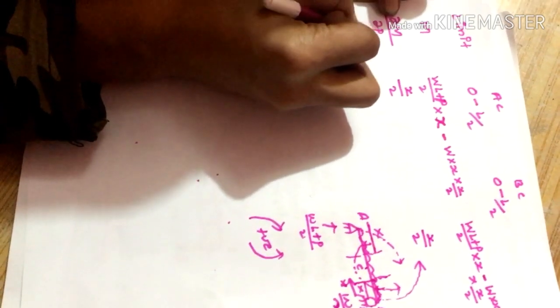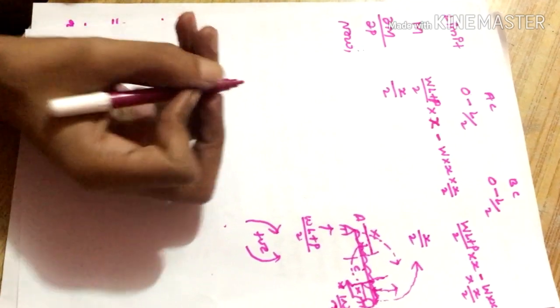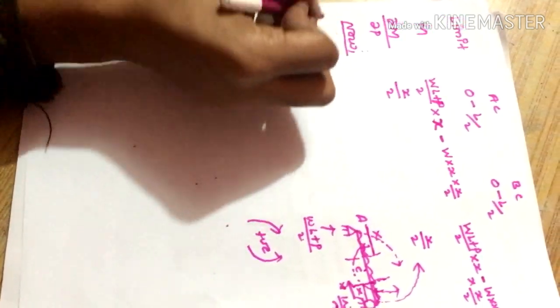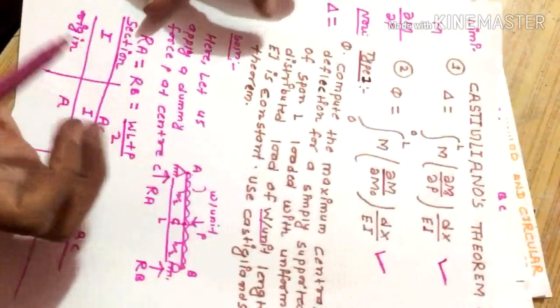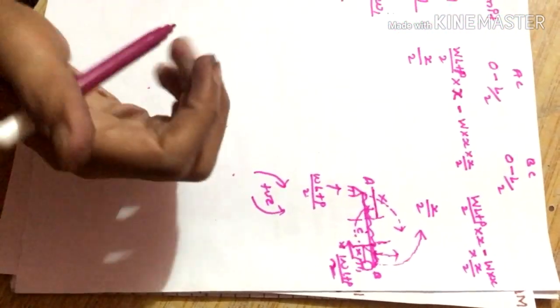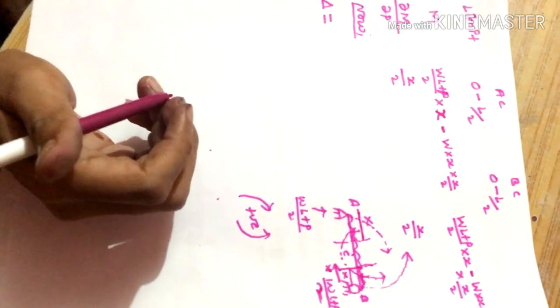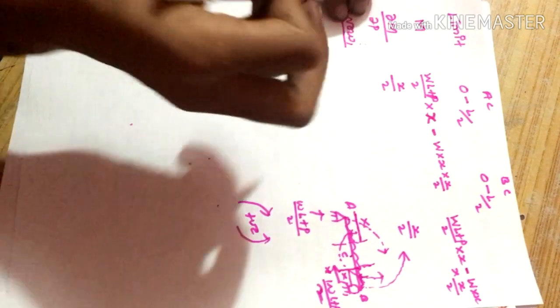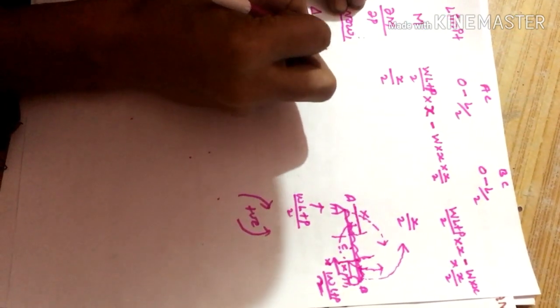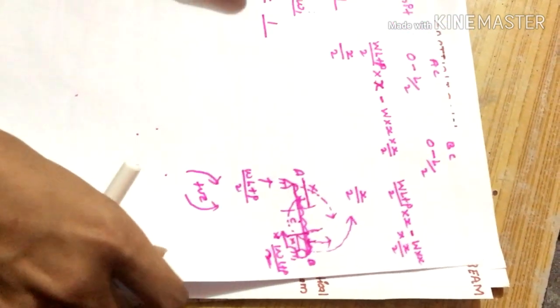Now let us apply the Castigliano theorem. We know deflection is equal to this formula, which we use separately for both portions. At first we apply it for portion AC.